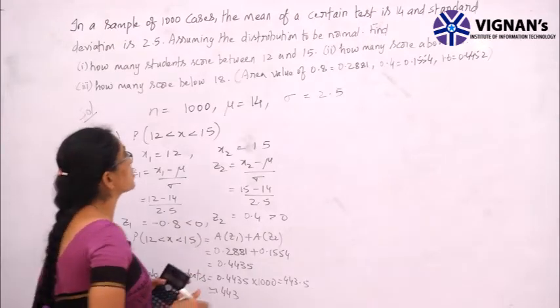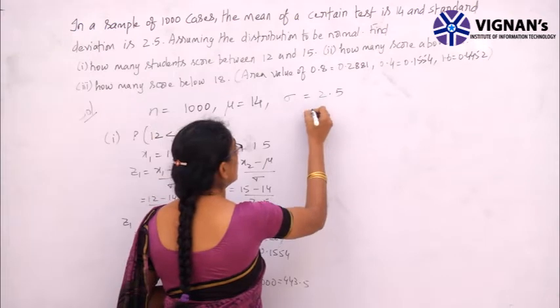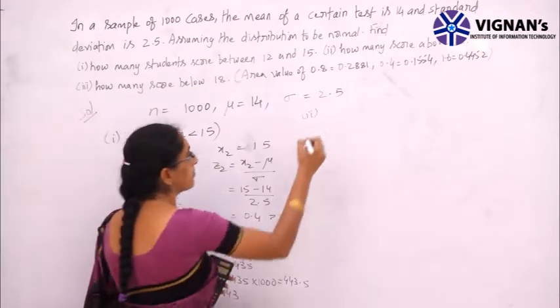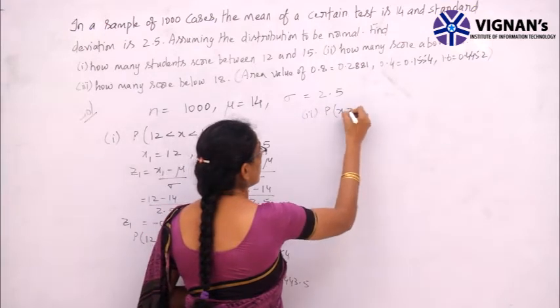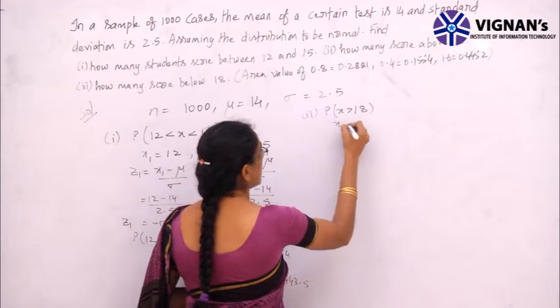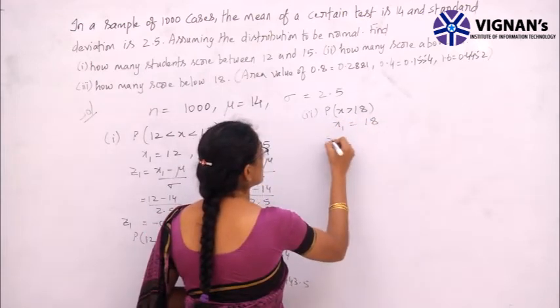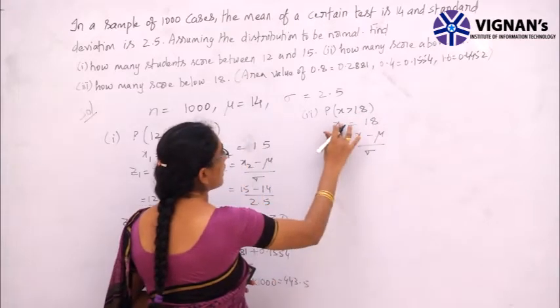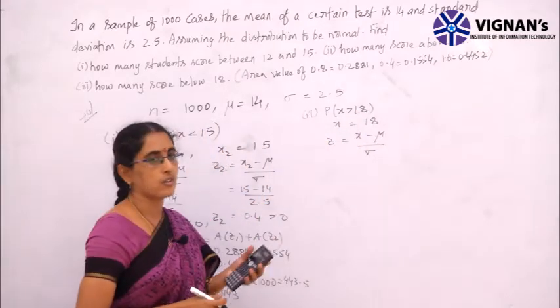Now the second bit here. What is the second bit? How many score above 18 marks? That means probability of x greater than 18 we have to find. Okay. So that means here x1 equal to 18. So z equal to x minus mu by sigma. When we have only one random variable, you can consider x also.